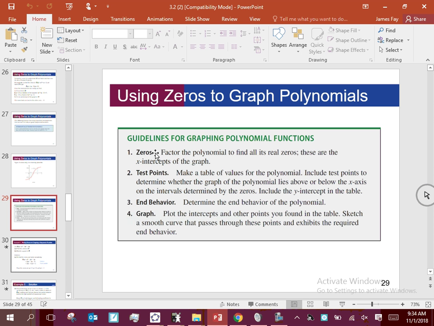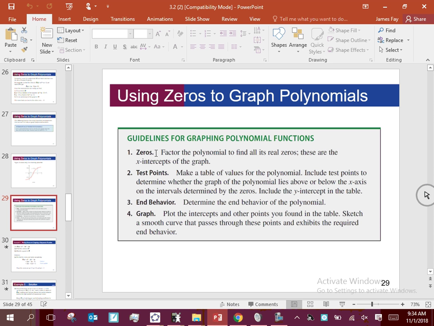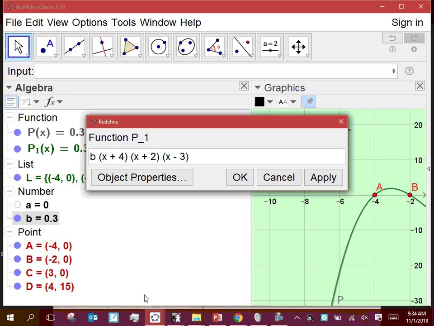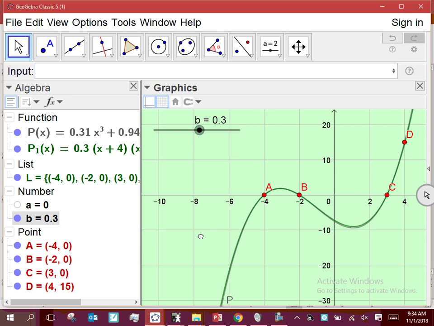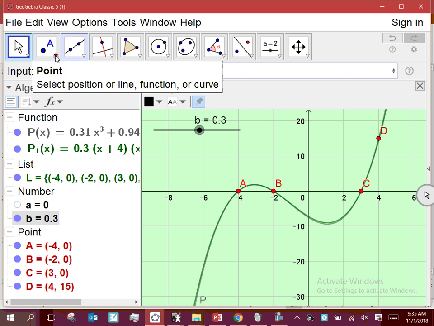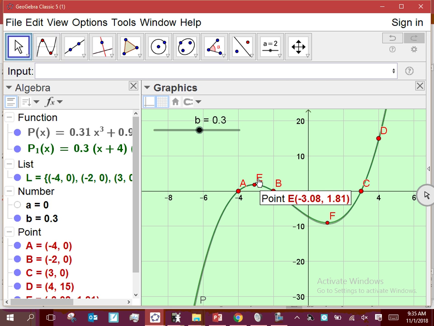All those things are going to be kind of meshed together as we work to take maybe a polynomial like that, and I ask you to graph it, okay? Now, let me show you, because I think it's important, we have time today, I think it's important to recognize that we don't have the ability right now, guys, to find those points E and F. Those are our maximums and minimums, right?